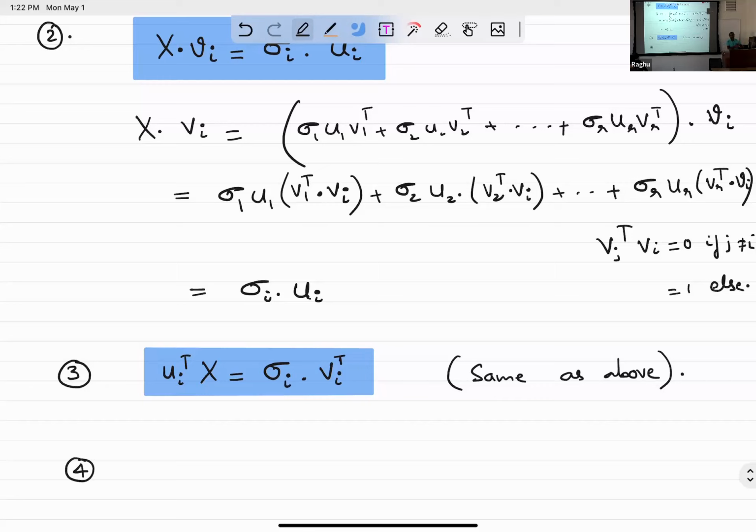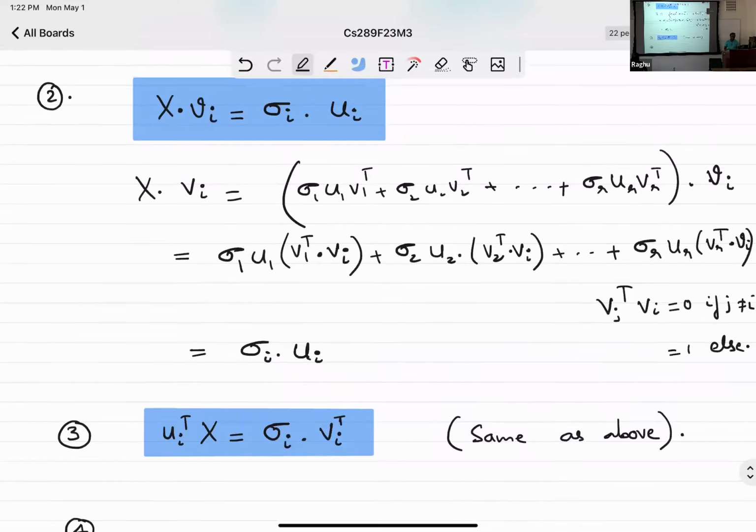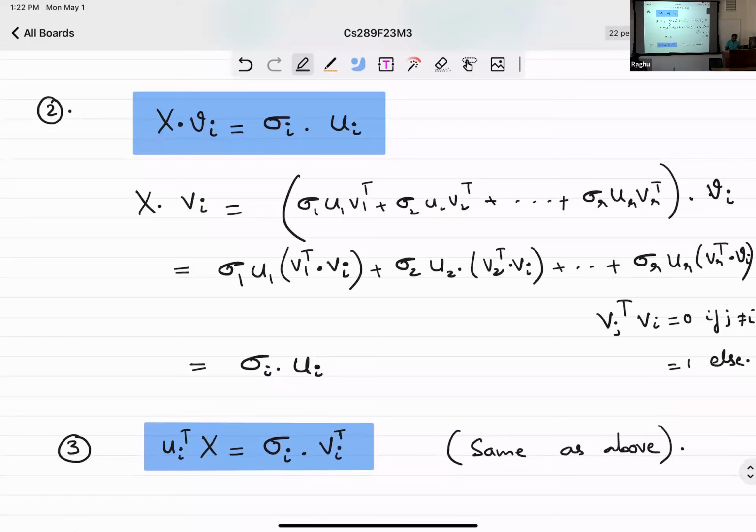Let me now ask you a question. If I tell you Vi is the ith singular vector, how can you compute the value of the ith singular value? If I gave you Vi, can you tell me what sigma i is? Little sigma i, the ith singular value. Sorry, you're right.